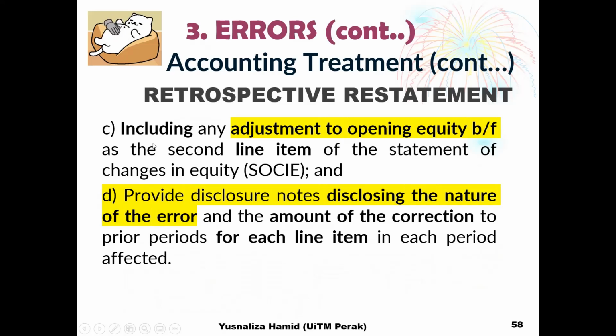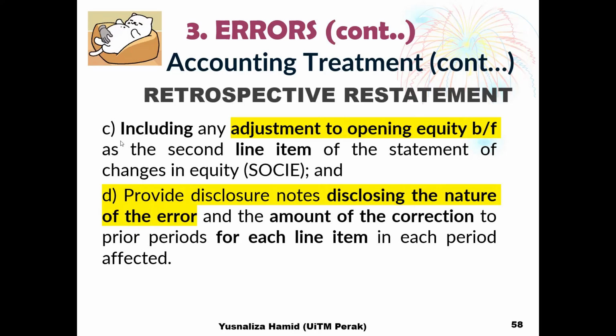And the third one is that under retrospective adjustment, you need to include any adjustment to the opening equity balance brought forward as a second line item. So you need to include an extra line in the statement of changes in equity reflecting the prior period error, if that is about the error.